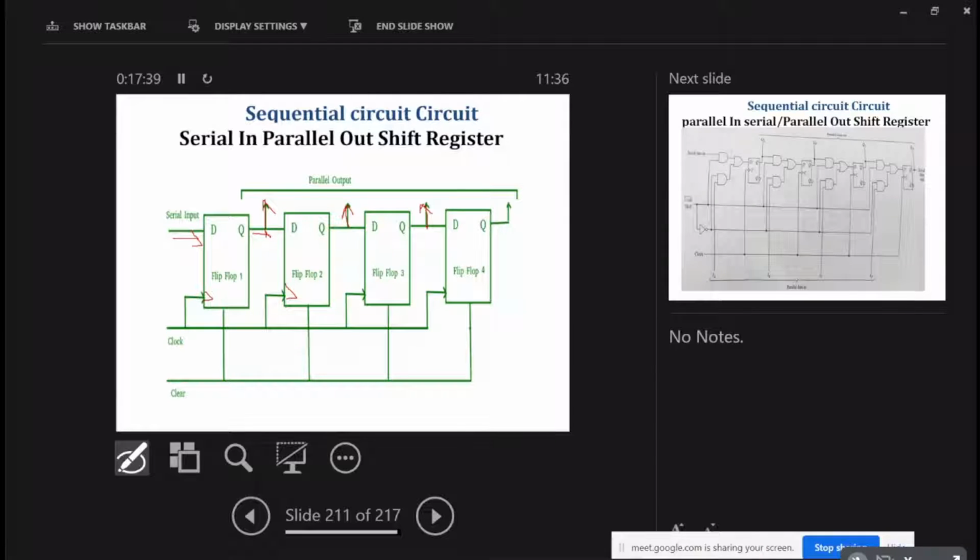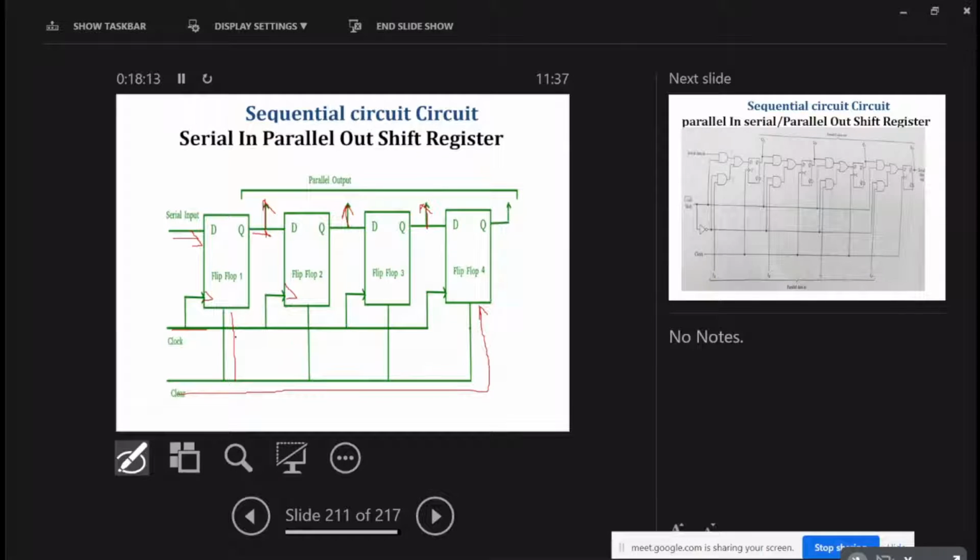Okay, we don't need to wait for the next 4 clock pulses. So how will it happen here? A common clock is utilized here. One clear terminal is provided here, so that whatever state this register was in from the previous operation will get cleared with this clear pin.